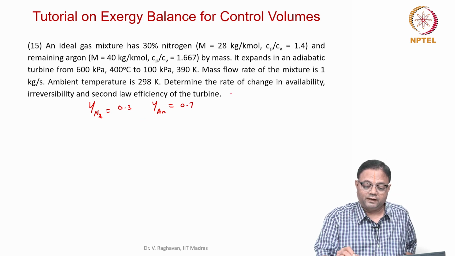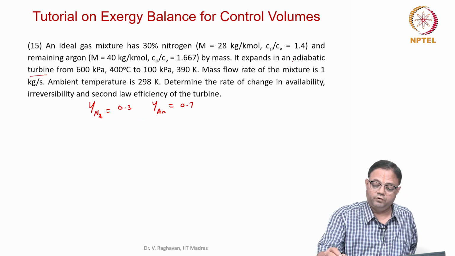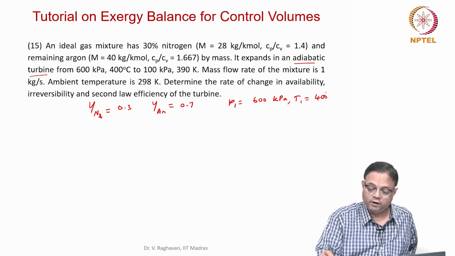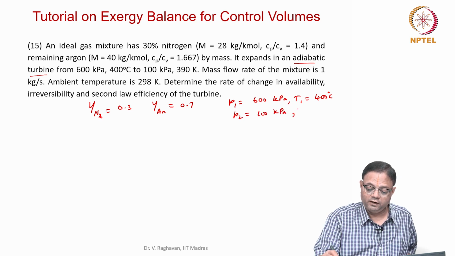Okay, it expands in an adiabatic turbine, an insulated turbine, from a pressure of 600 kilopascals and temperature of 400 degrees centigrade to a pressure of 100 kilopascals and a temperature of 390 Kelvin.